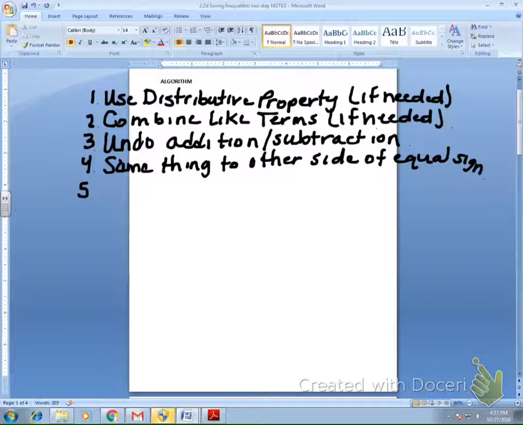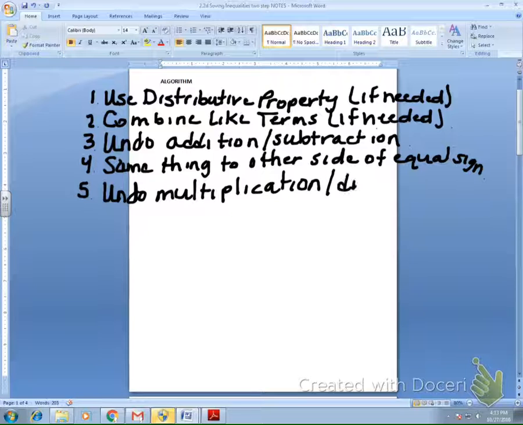And then our fifth step is, remember, we undo multiplication or division, and that's whatever is attached to the variable. And then do the same thing to the other side.